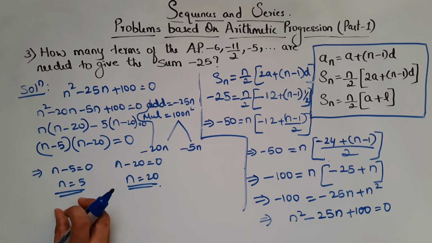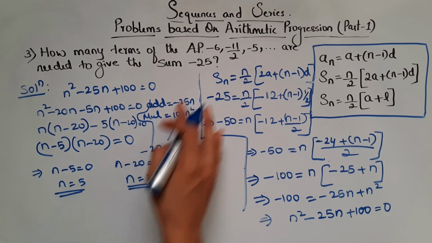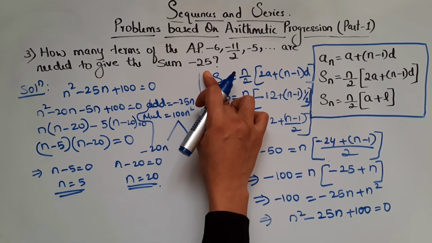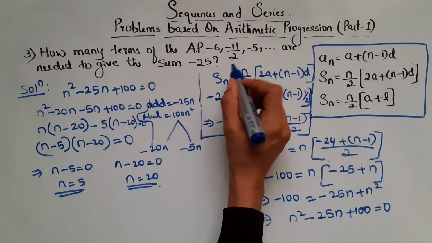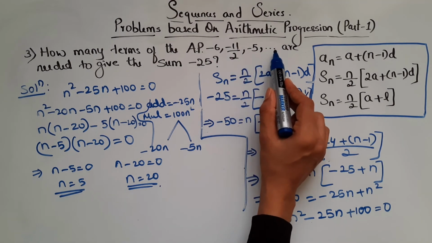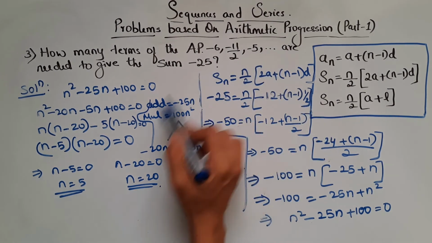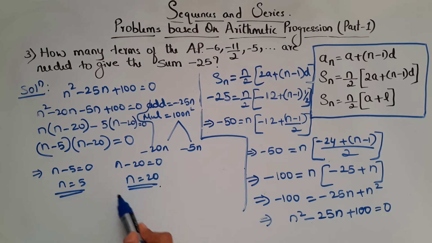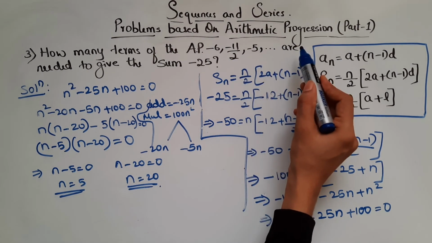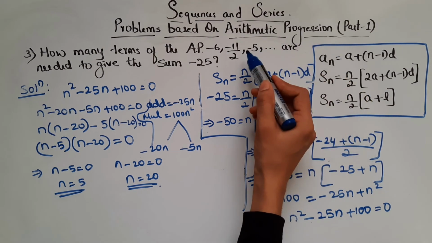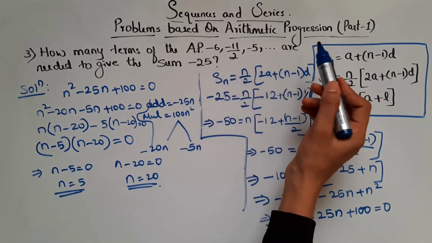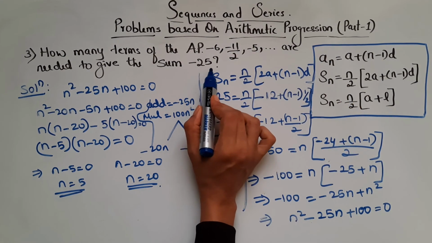That is possible because if you see the sequence, we have minus 6, minus 11 by 2, minus 5 and so on. Up till 5 terms, that will give you minus 25. And for 20 terms, at some point this sequence will be positive. So positive and negative will get cancelled, right? So when you add all the 20 terms, that will also give you minus 25.